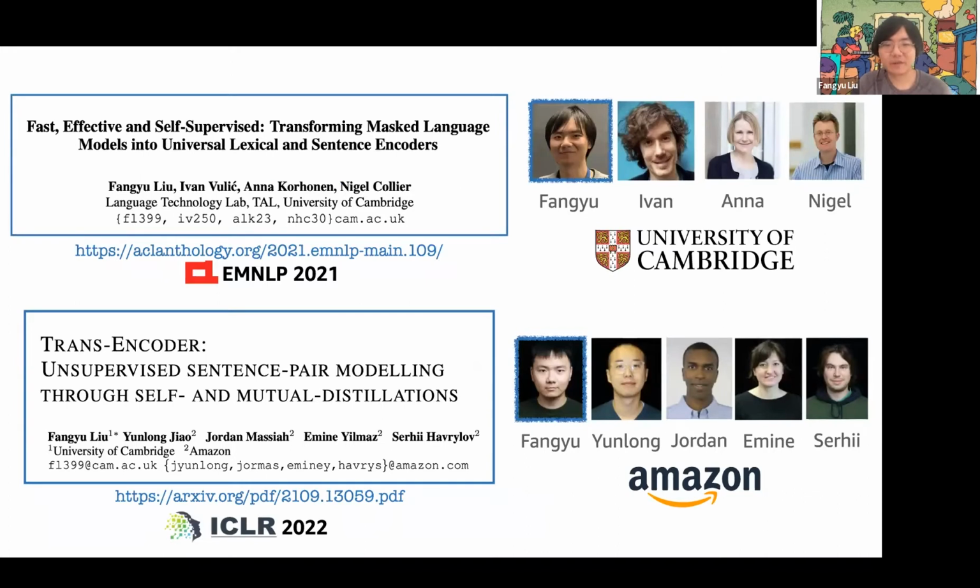And based on the first work, we proposed transencoder, which is the second work accepted to ICLR 2022 based on self-distillation. The first work is done with collaborators from Cambridge, and the second work is done with collaborators from Amazon, including Yunlong, who is here today. So I will start with the first work.